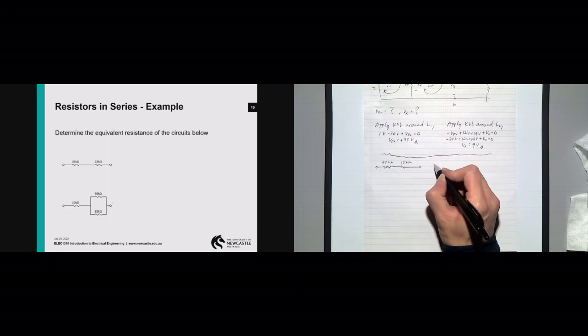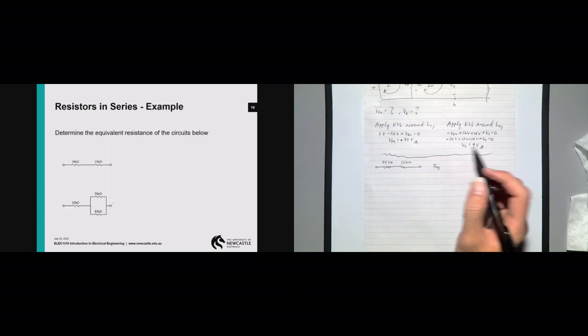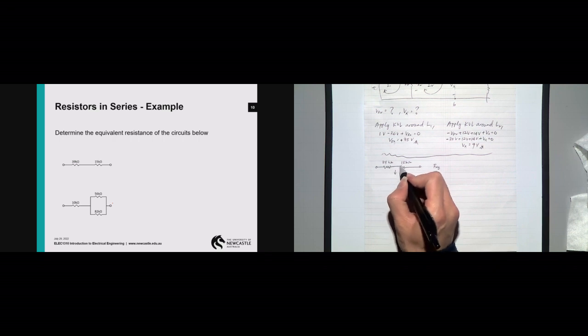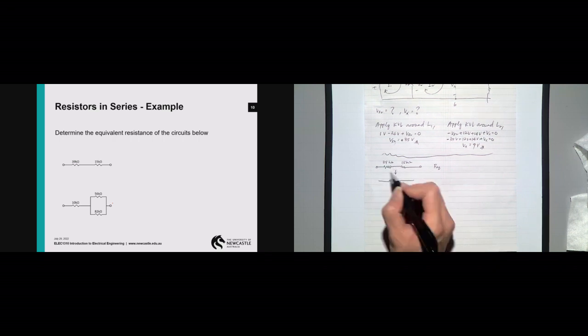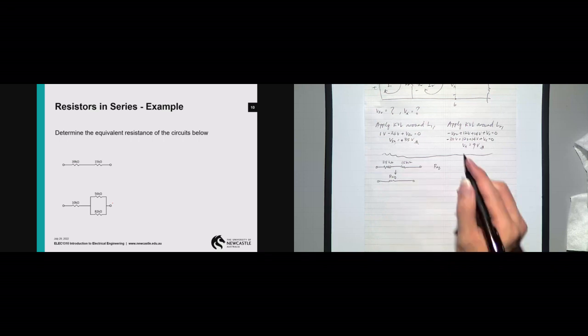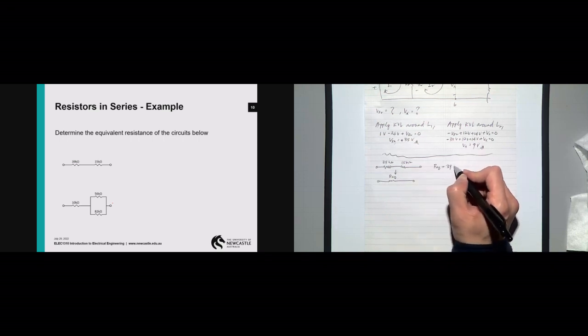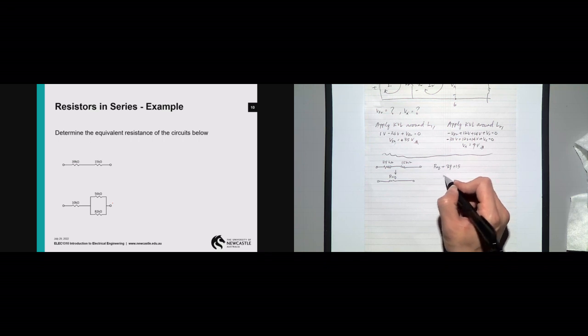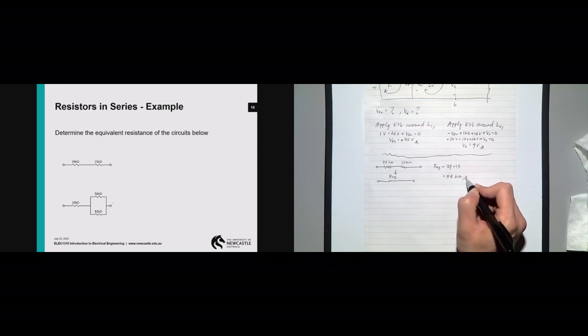So what's the answer here? R equivalent is equal to 39 plus 15, which is equal to 54 kilo ohms, right?